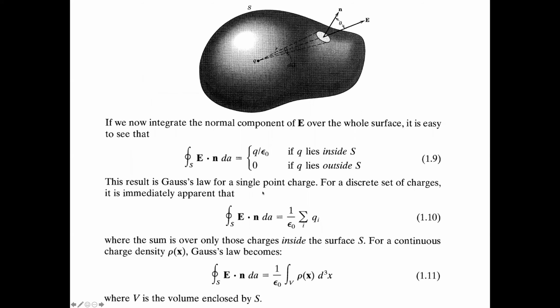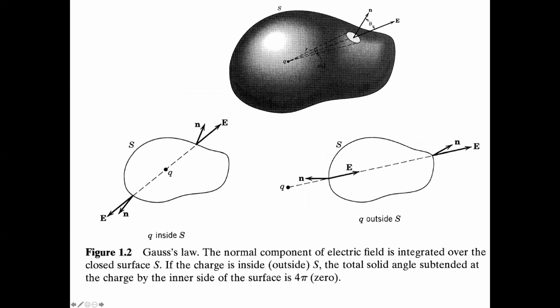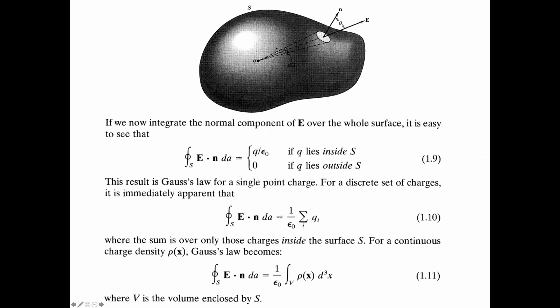So it can be written in this format, R squared d omega. And then this equation on the right could be written in this format, Q over 4 pi epsilon, and then d omega. And then if we do a surface integral on the surface S, the equation could be written in this way. So on the left is the integral of your E.